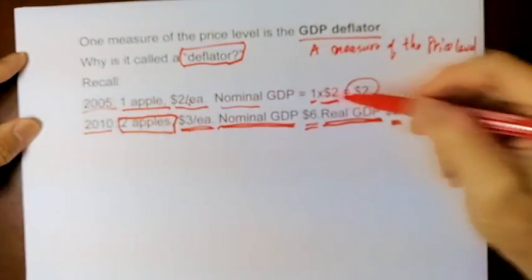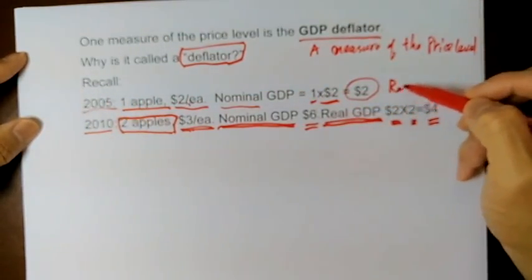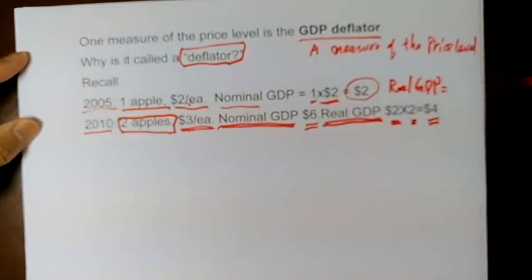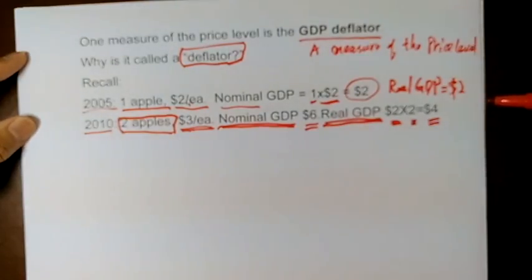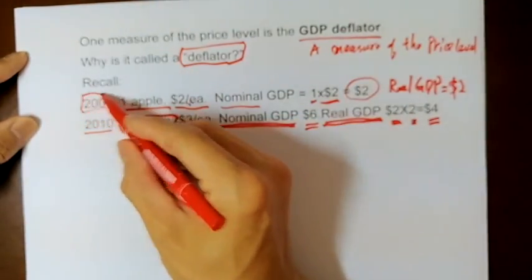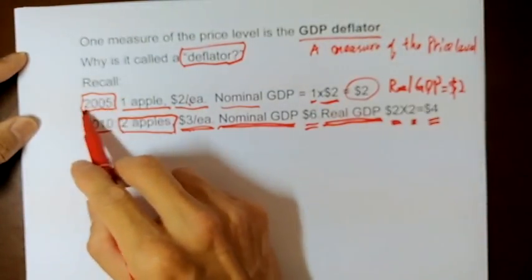What is the real GDP in 2005? The answer is $2. Why? Because we fixed the price in 2005. That is, we use 2005 as the base year.